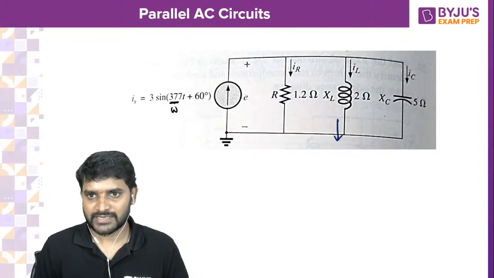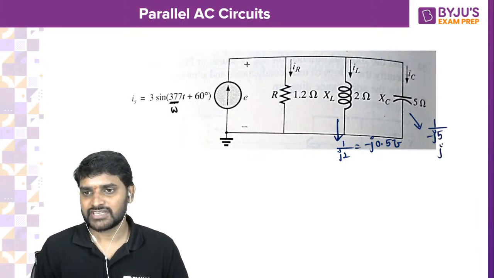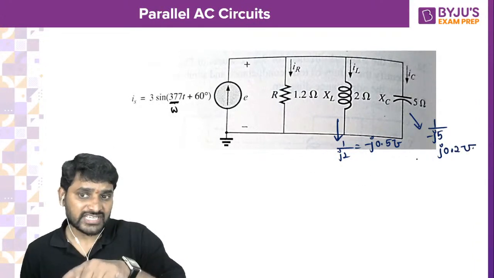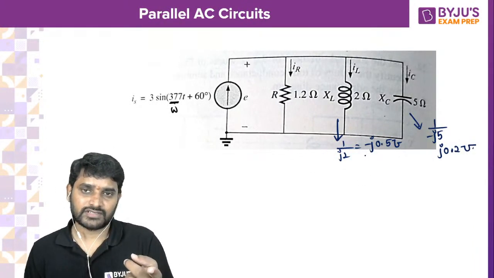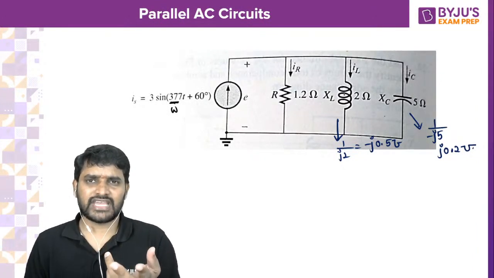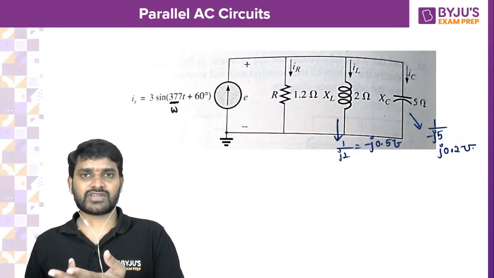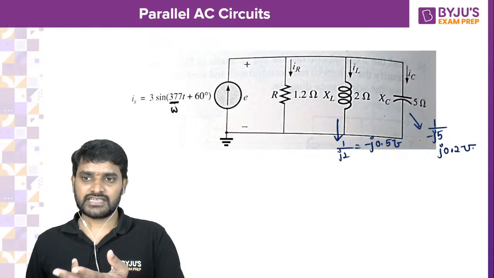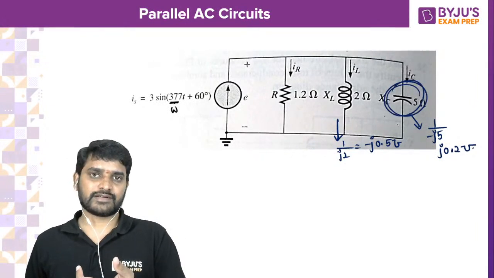You can take admittance as 1 by j2, it will be minus j0.5 mhos. This is 1 by minus j5, so it will be j0.2 mhos. 0.2 mhos is lesser than this one, obviously, because inductive reactance is a smaller value and capacitive reactance is a larger value, so its admittance, the reciprocal, is smaller.